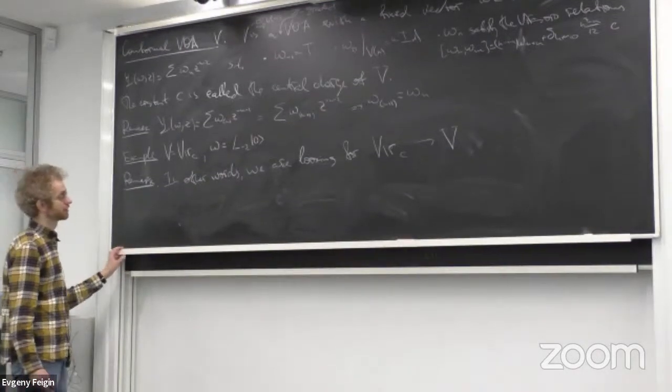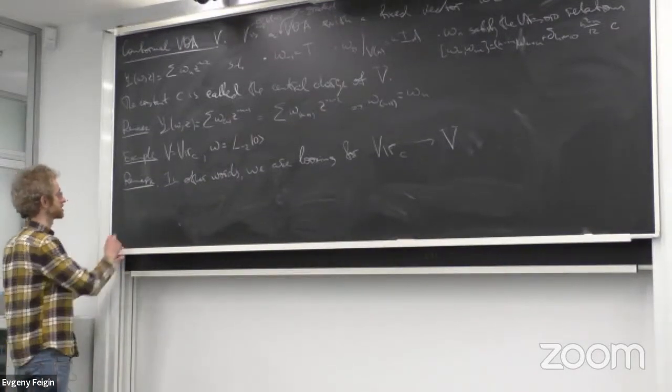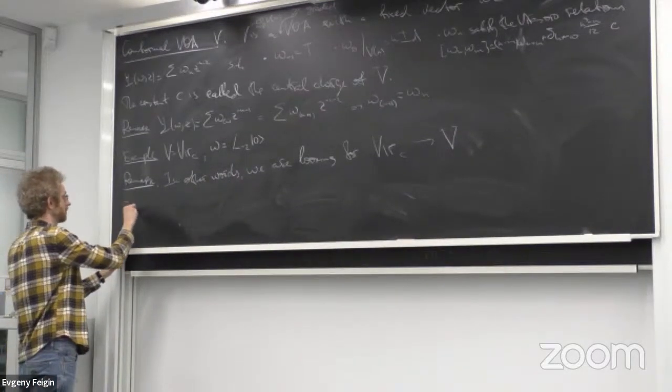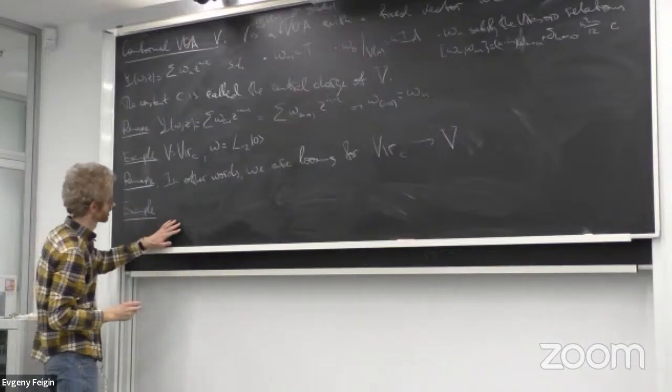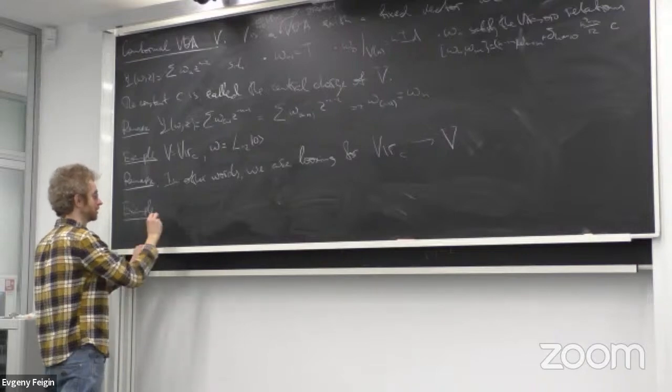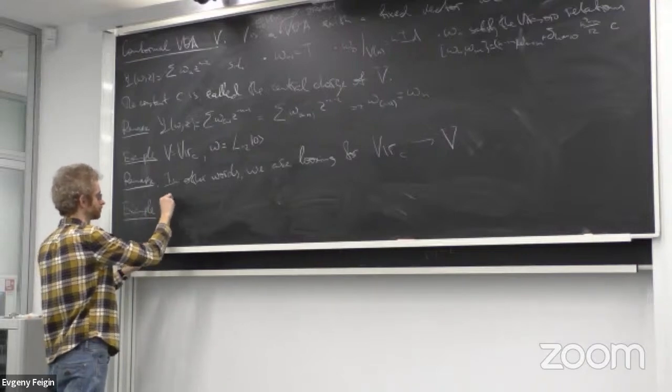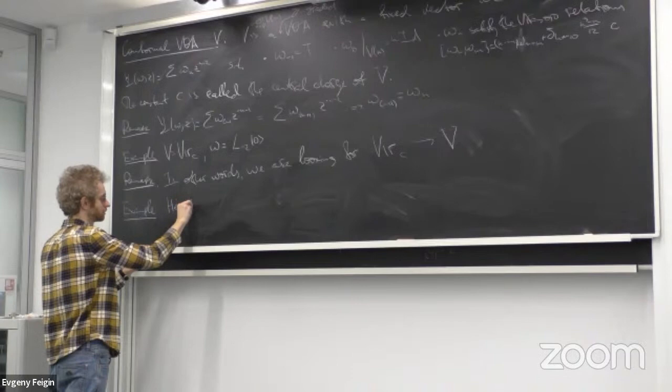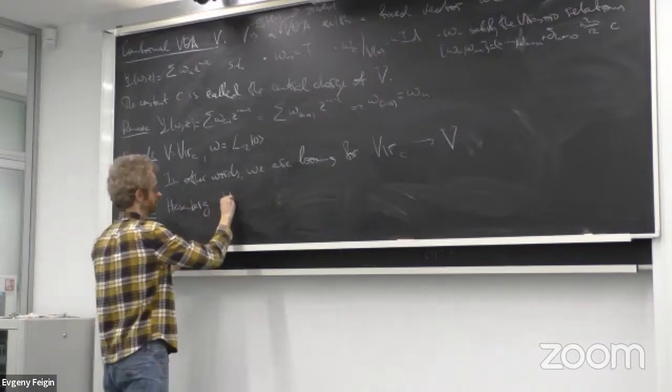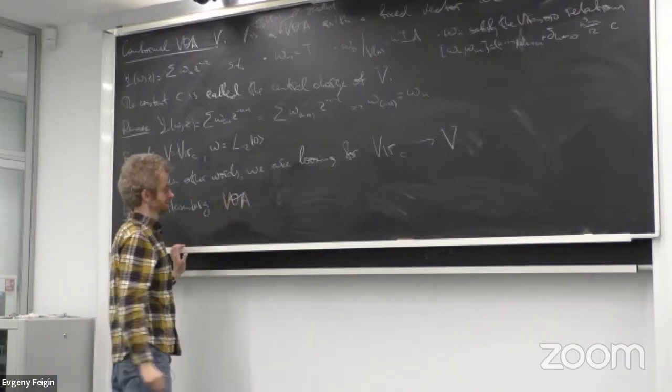Okay, so this is for Virasoro, and let us consider one more example. Let's get back to the Heisenberg vertex operator algebra.